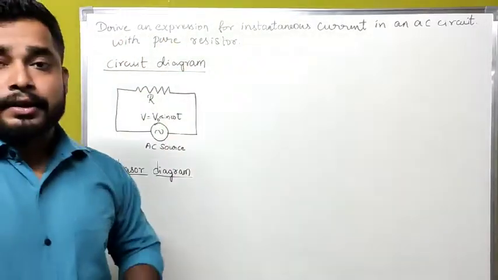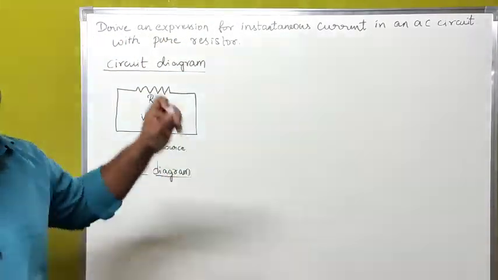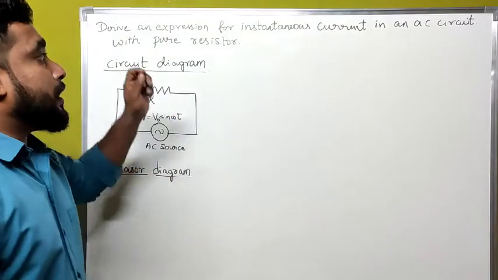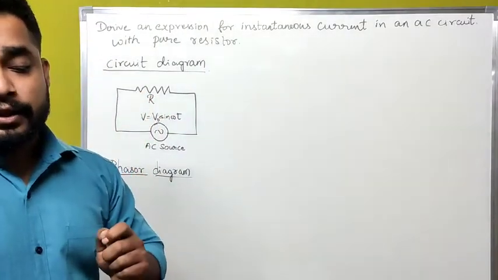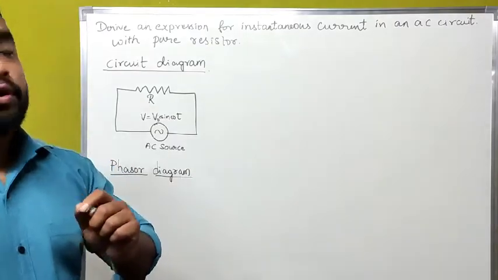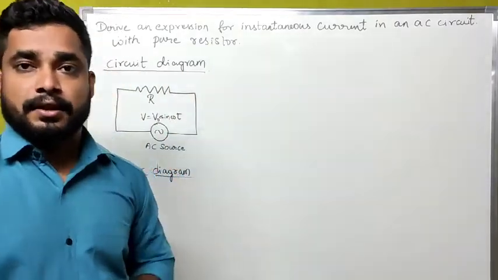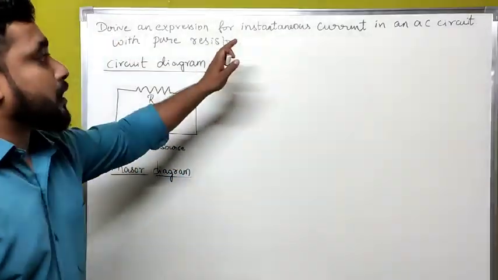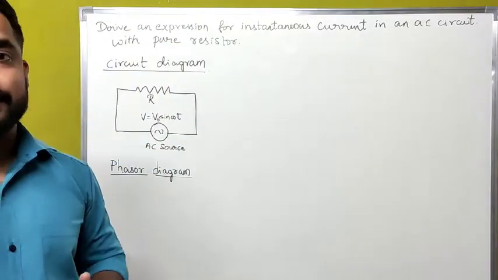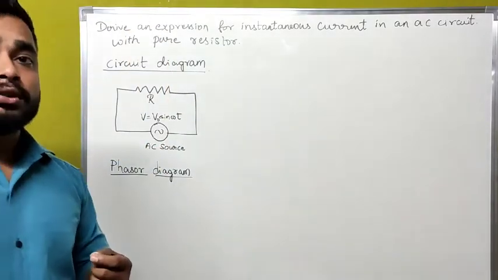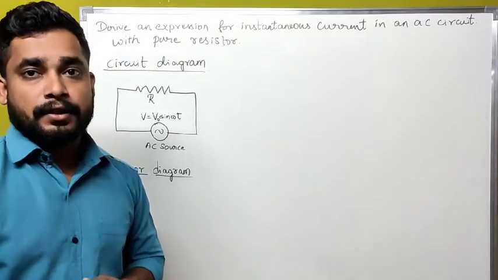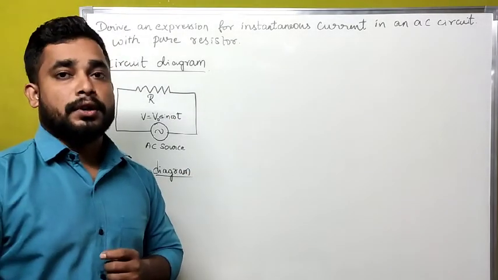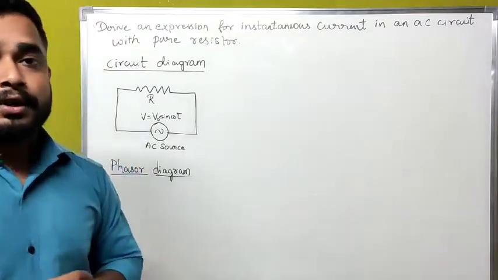This derivation can also be called like this: show that current and voltage both are in phase in an AC circuit with a pure resistor.